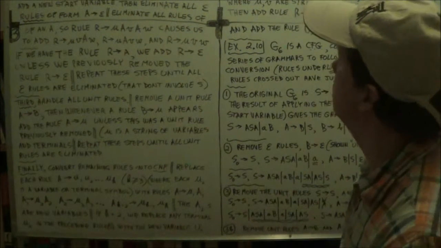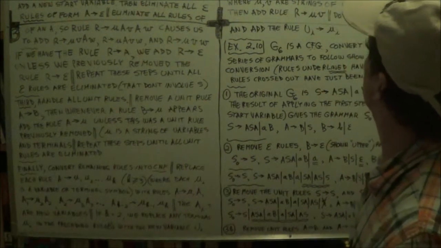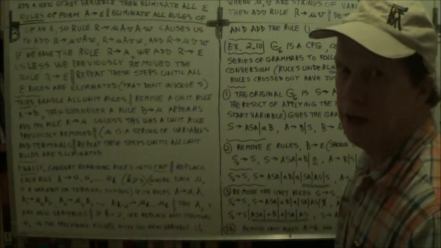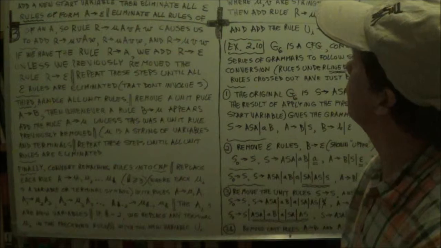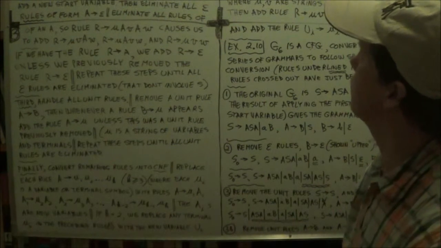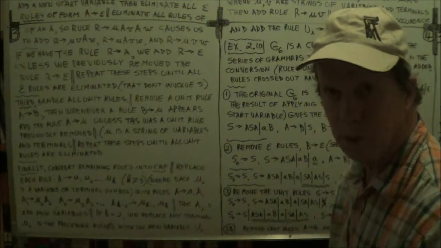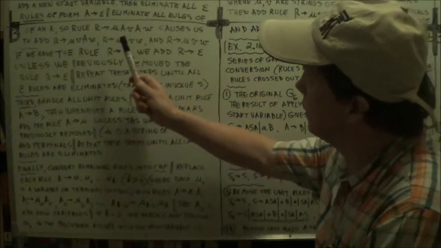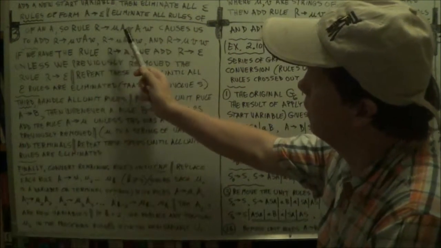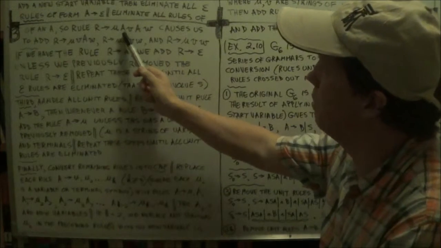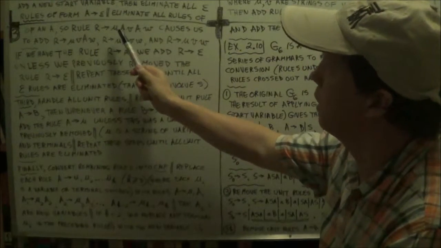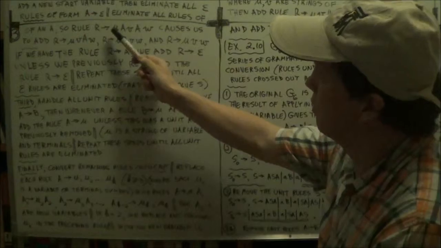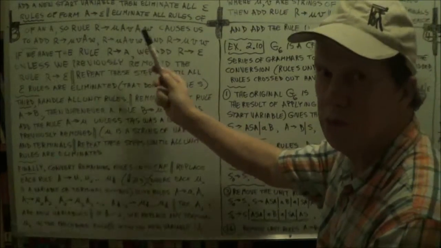A is a variable, so you eliminate that rule from your set, A arrow epsilon, and then you go looking in the other rules on the right hand side to see if you can find the variable A. And if you can, for each time the A appears in a rule, just eliminate it, and the resulting rule, put that into your rule set.